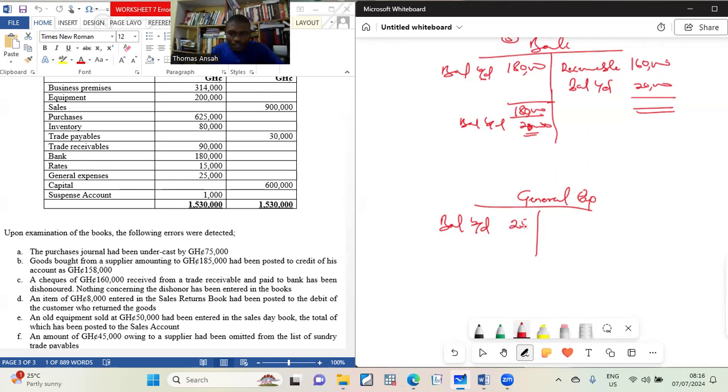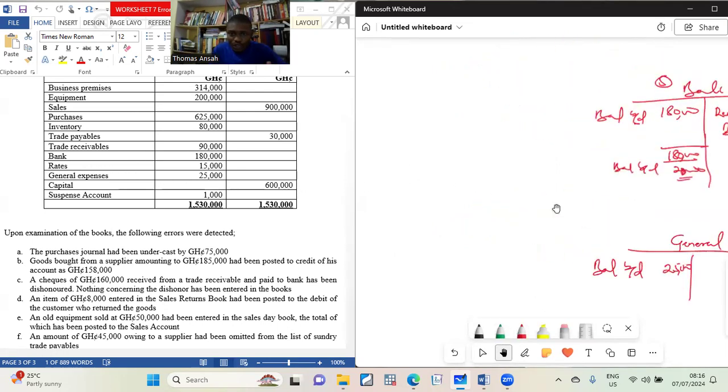There is even rates. Or you can simply write the general expenses of 25,000, bring out your discount allowed on its own. I think that is the best way we can do it. So let's write our general expenses as it is, because there is rates. I thought they've combined all the expenses together.